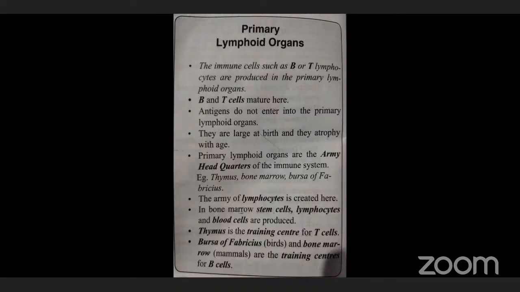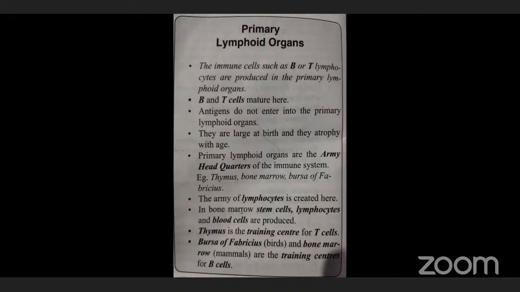The next one is the primary lymphatic organs. Primary lymphatic organs are major sites of lymphopoiesis. Here, lymphoid stem cells proliferate, differentiate, and mature into immunocompetent cells in the absence of antigenic stimulation. The primary lymphatic organs are production centers and army headquarters of the immune system.